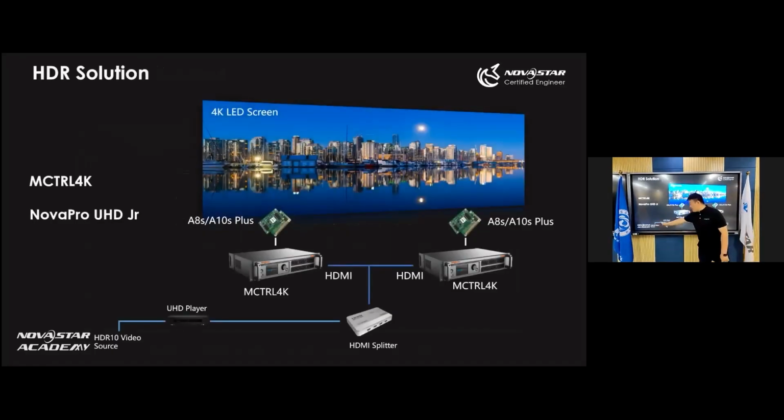The video source, we use an HDR10 video source, and it will be provided to the MCTRL 4K. So here, why do we use 2 pieces? As you can see here, the screen resolution is 4K. For the MCTRL 4K, it can hold the screen, right?